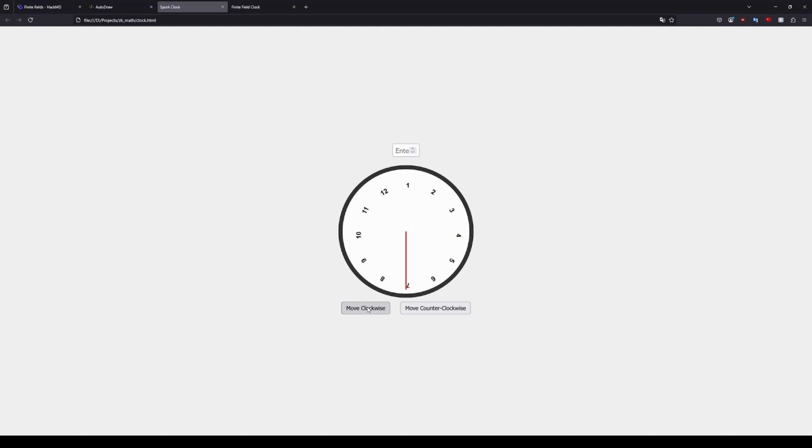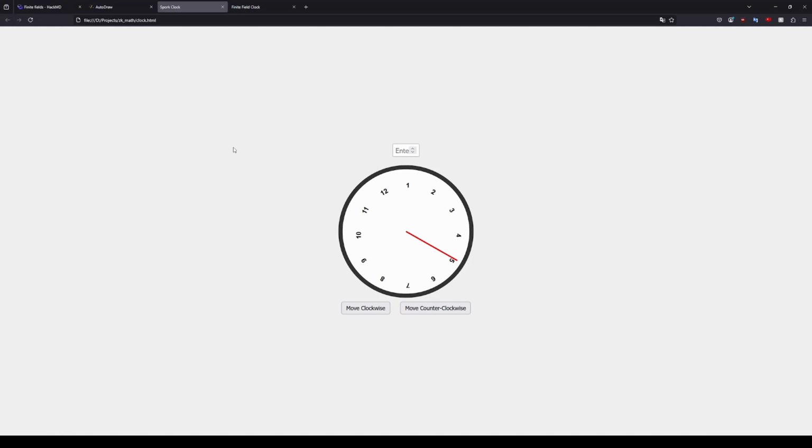You get 7. But imagine now you add 10 to it. What do you get? You don't say 12. You basically round it off like a normal clock: 1, 2, 3, 4, 5, 6, 7, 8, 9, 10. So you will get 5. Basically we did a mod operation with 12.